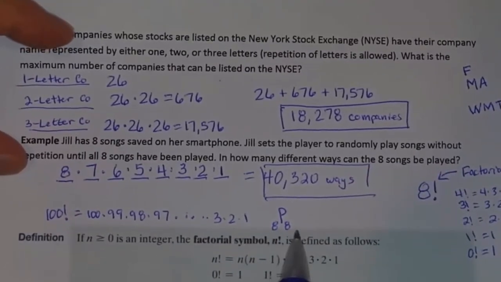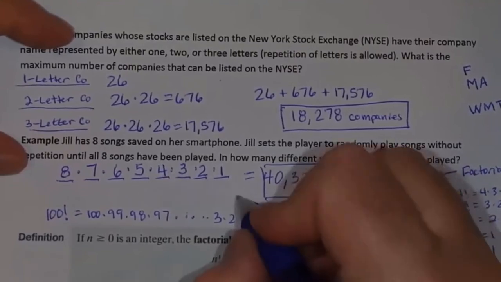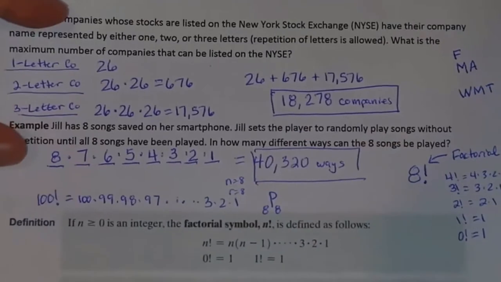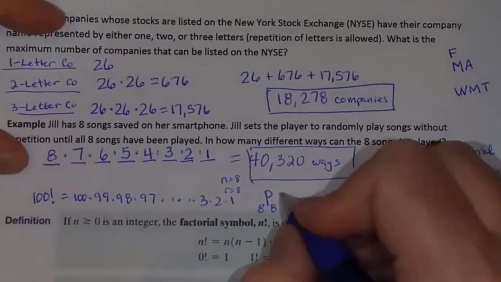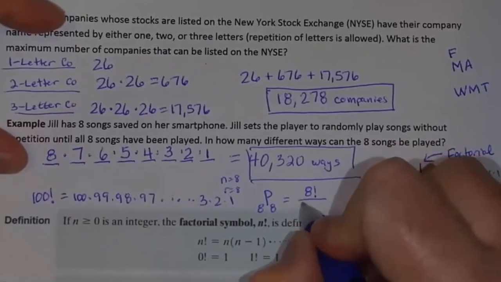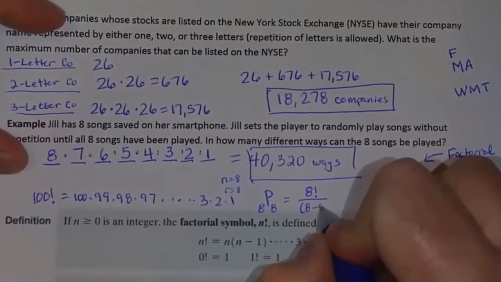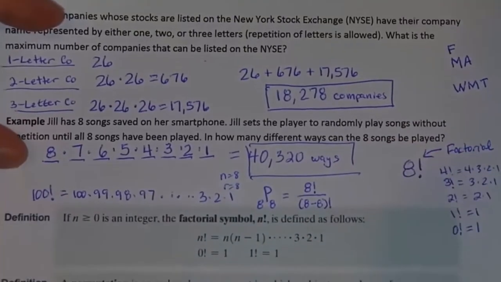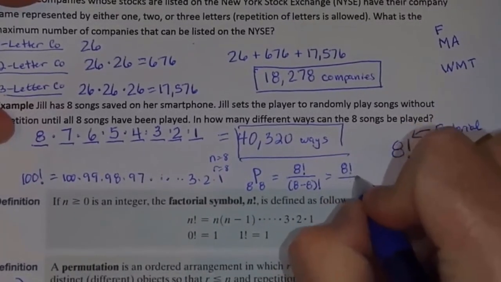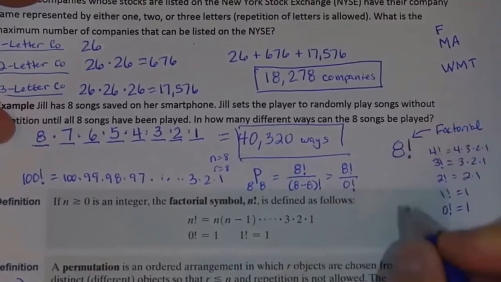So if I'm choosing all 8 out of the 8, then that means n equals 8 and r equals 8 also. So by our formula, that would be 8 factorial over 8 minus 8 factorial. Now 8 minus 8 is 0, so I would have 8 factorial over 0 factorial.